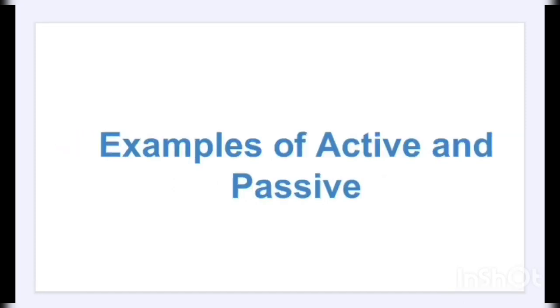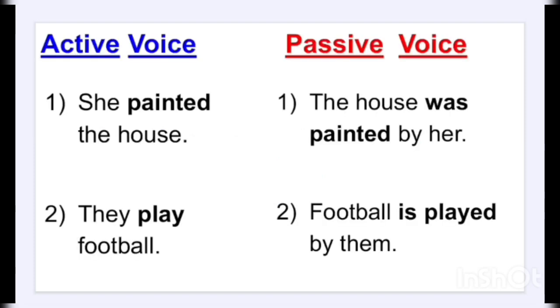Examples of active and passive voice. The left side will be active voice and the right side will be passive voice. She painted the house. This is active voice.